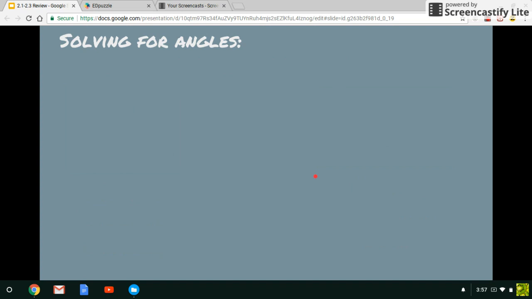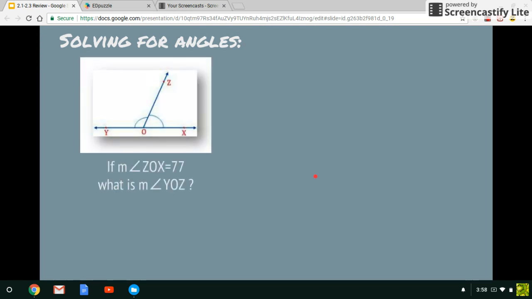Okay, so now we got to make this useful, right? So we're going to solve for angles. So in this picture, if ZOX is 77 degrees, we want to know what is the measure of YOZ. So looking at these two, they lie along a line together, and they share a side. So these two are a linear pair. So that means that they add up to 180 degrees.